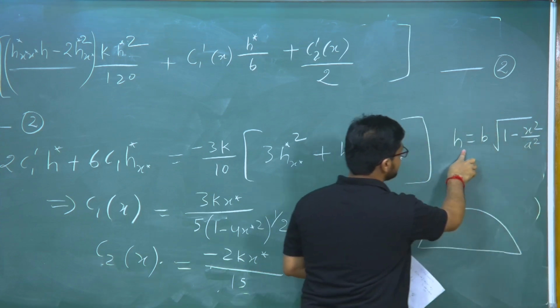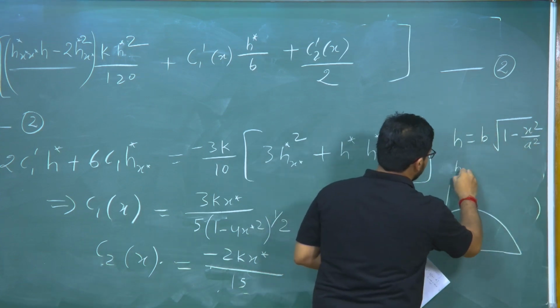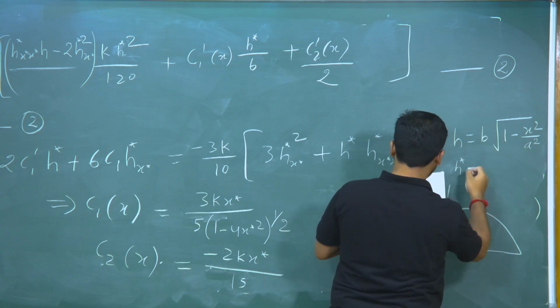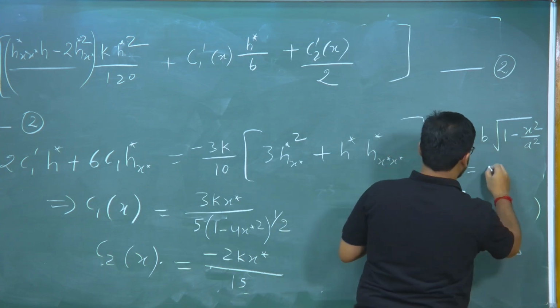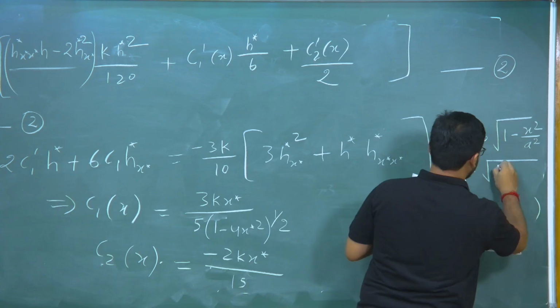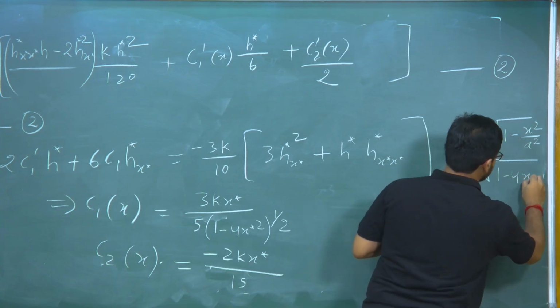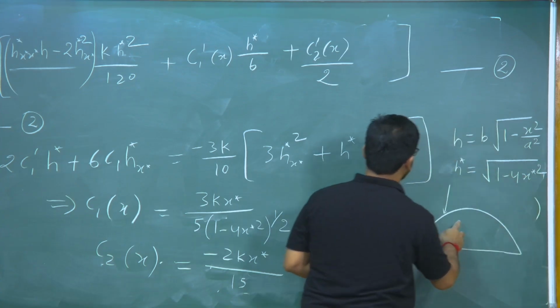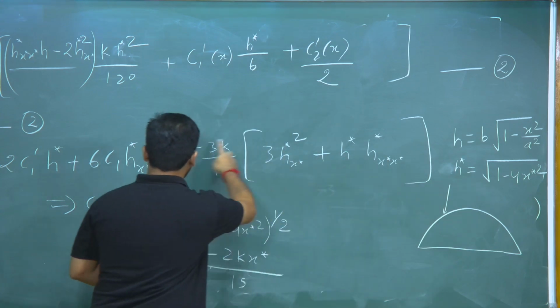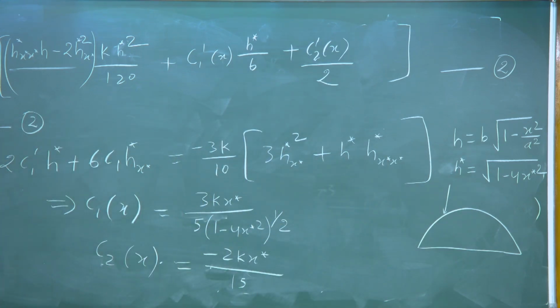If you make it dimensionless you will get h star equal to root under 1 minus 4 x star square. So, you will have to put this h star here and solve this equation. By doing so you will get u and w, and you can plot the stream function.